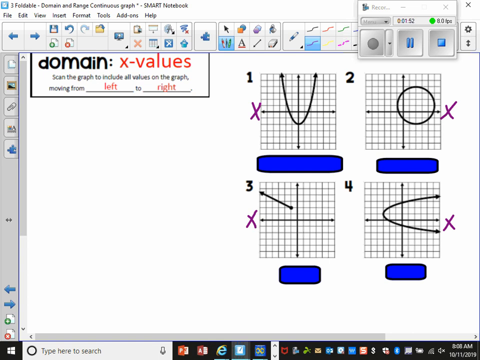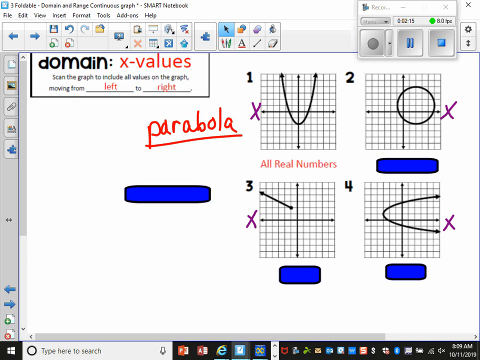Now, when you're looking at a parabola, which is the first one, remember that curve actually has a name. When a parabola goes up or down, the domain is all real numbers, and that's just a fact. When we write all reals, we'll say X such that X is an element of all real numbers.